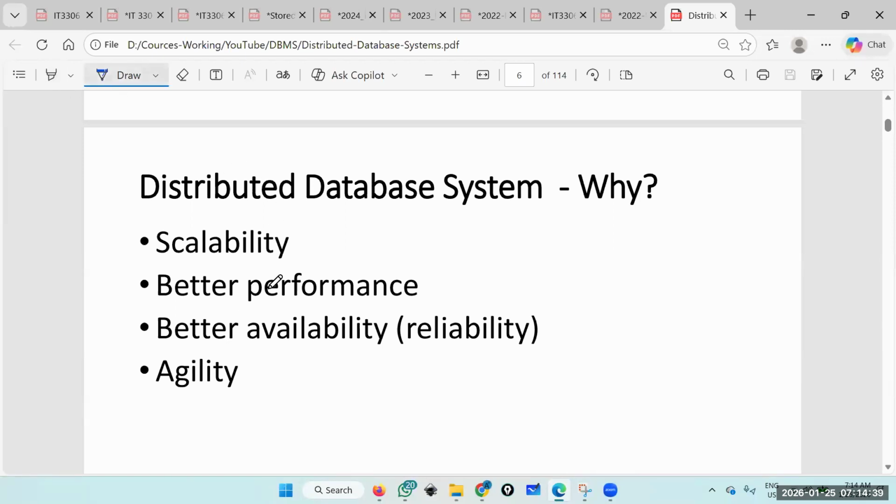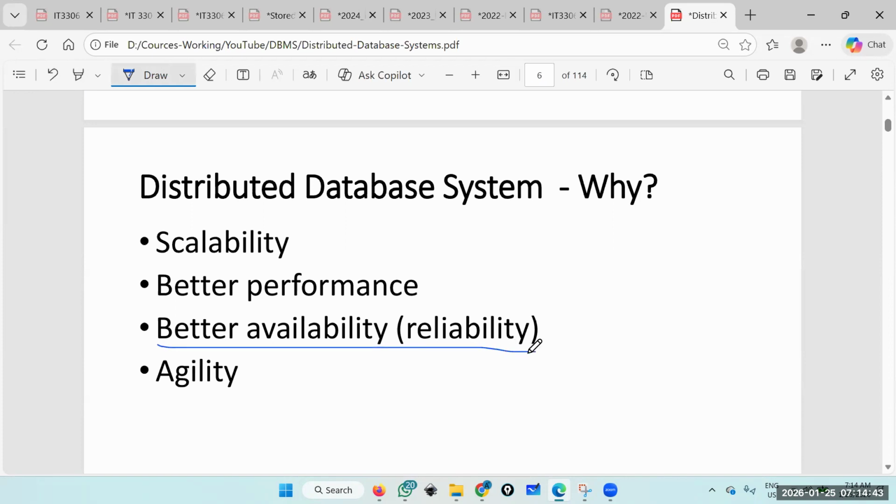Okay. And better availability. Obviously, multiple copies of your database are available in different sites. And of course, the agility, where you have a lot of flexibility. So in certain nodes you have common data, and in certain nodes you have specific data for that site, and so on.